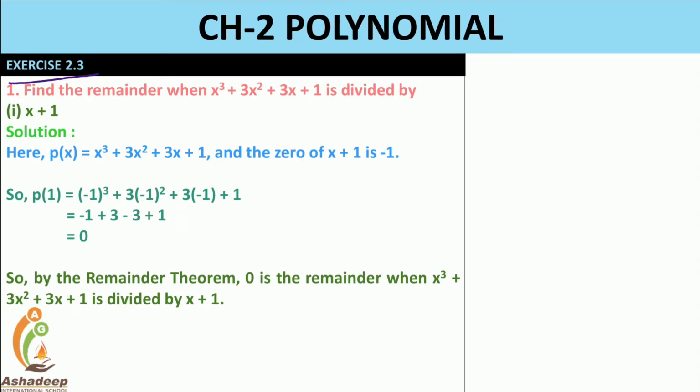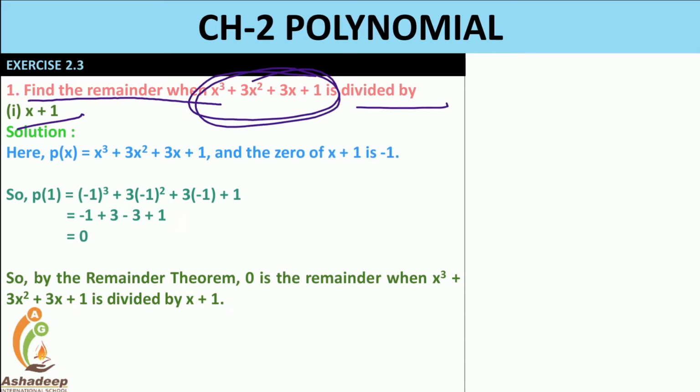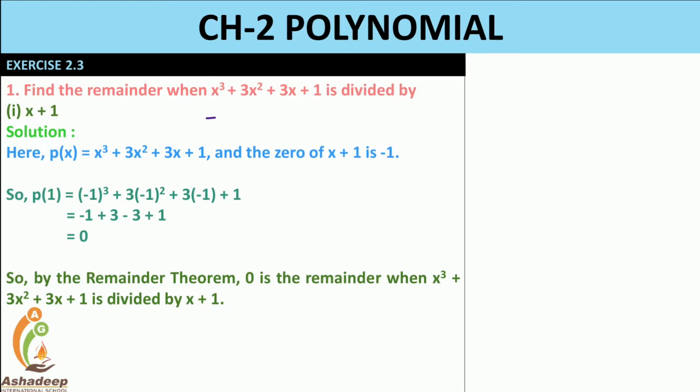And now let's start Exercise 2.3. Find out the remainder when this polynomial is divided by x plus 1. We need to take the same polynomial throughout question number 1. So here we have x cube plus 3x squared plus 3x plus 1.